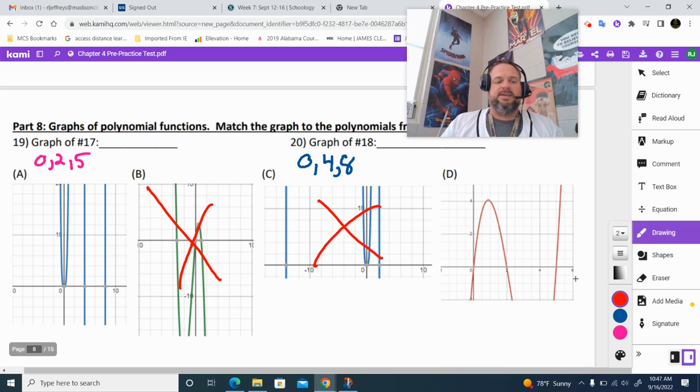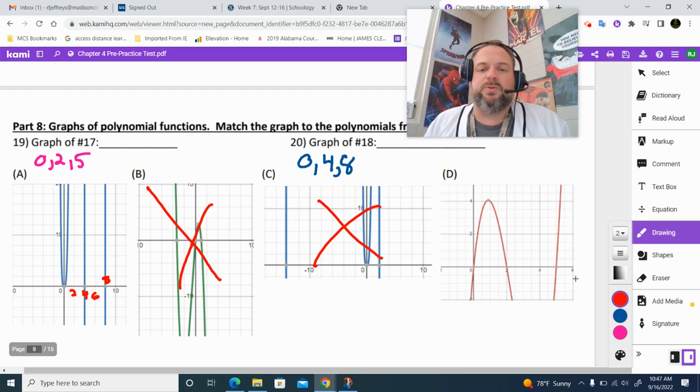So this one actually goes by twos right here. So this is actually like 2, 4, 6, 8. So the answer for 20 is A. That would mean the answer for 19, because this is at 0, 2, and 5, would be D.